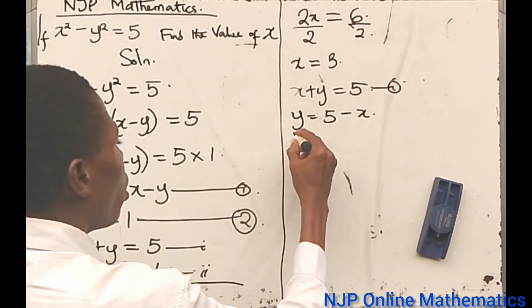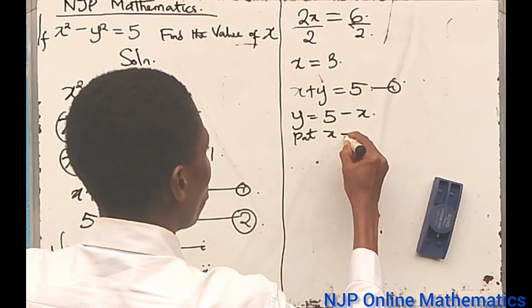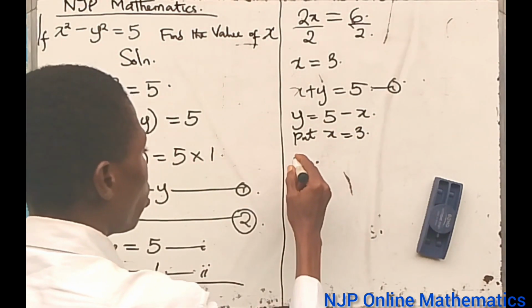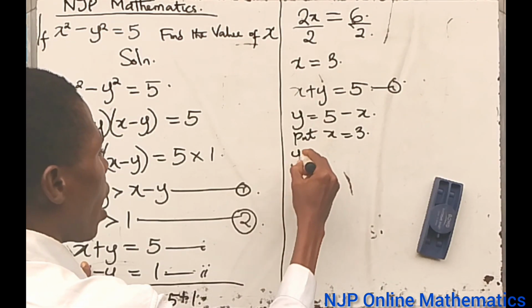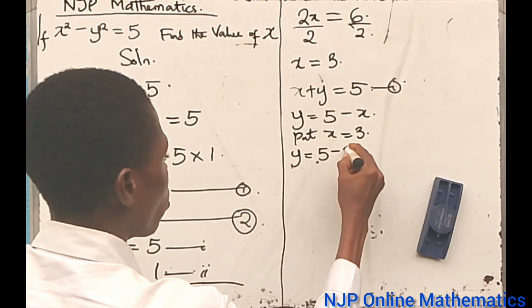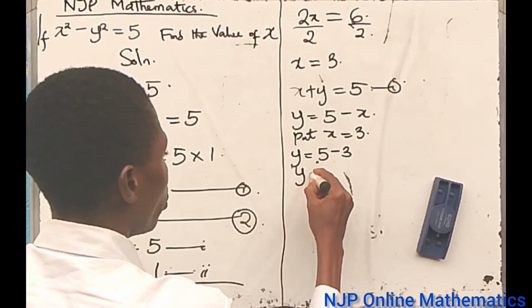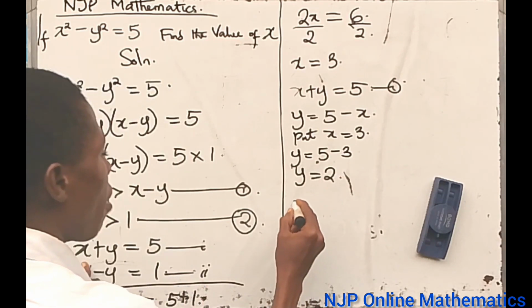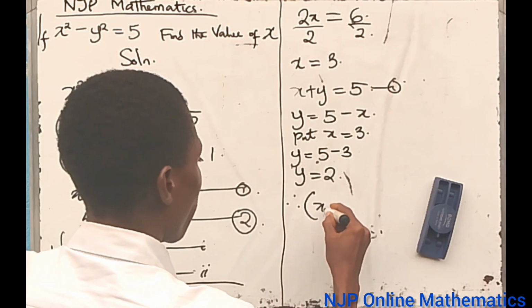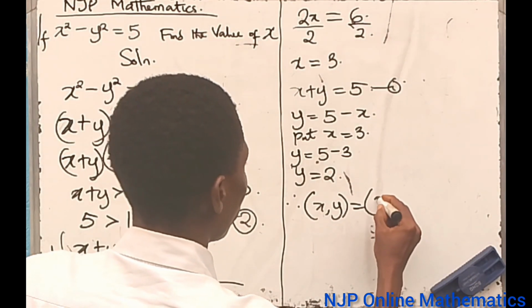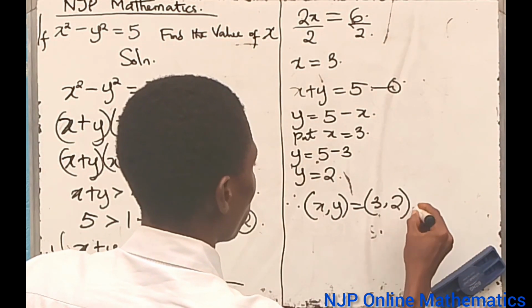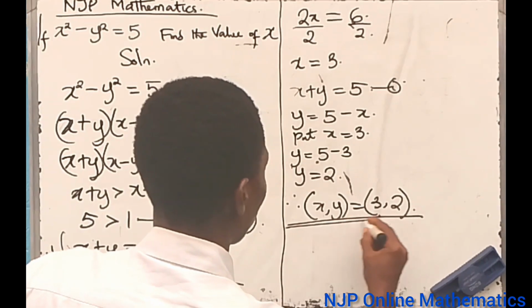So we put x equals 3 in the equation which we've made y the subject of, and y equals 5 minus 3, and y equals 2. Therefore, x and y equal 3 and 2 respectively.